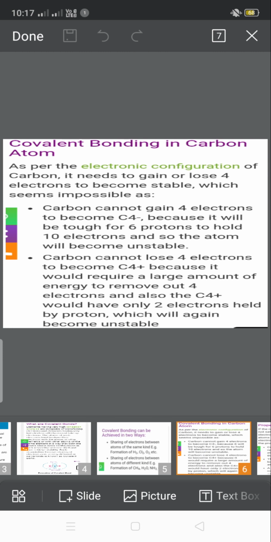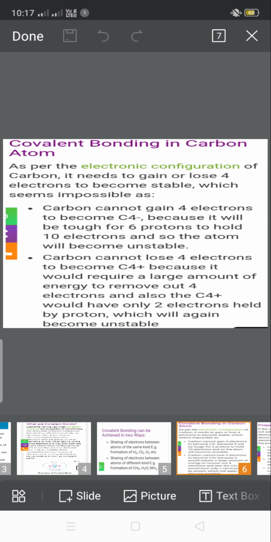Covalent bonding in carbon atom. As per the electronic configuration of carbon, it needs to gain or lose 4 electrons to become stable, which is impossible. Carbon cannot gain 4 electrons to become C4 negative, because it will be tough for 6 protons to hold 10 electrons, and so the atom will become unstable.